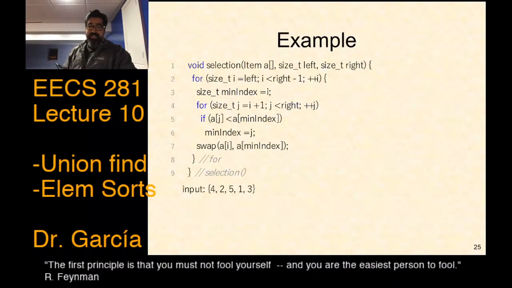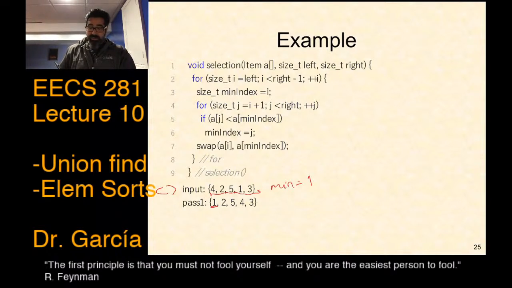So let's look at the example, right, with the same code. Let's say the input is right here. Then we have pass 1. What it will do is, from this entire array, find the min, which is 1, and then place it in that first spot in the array.